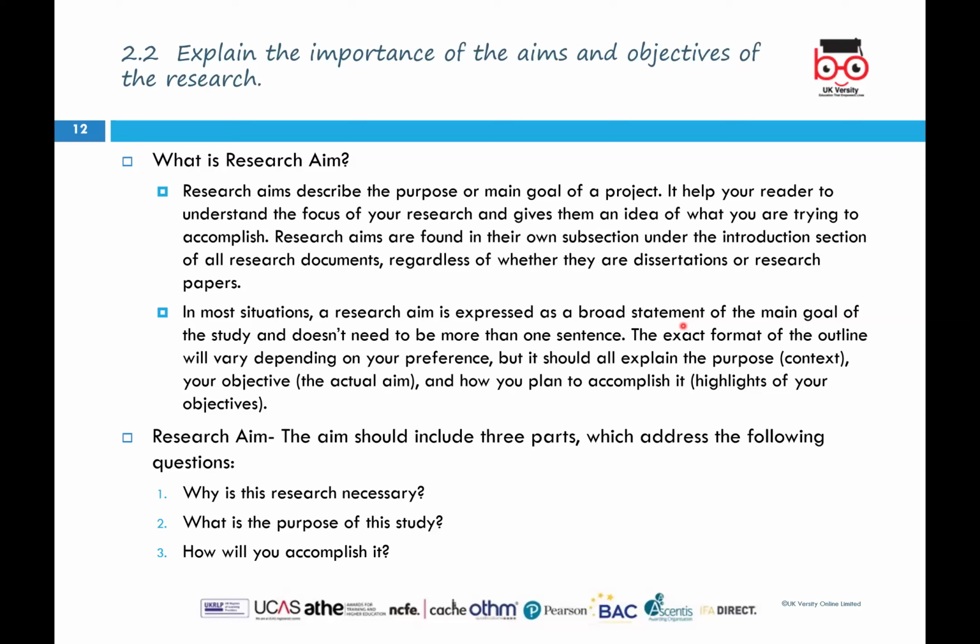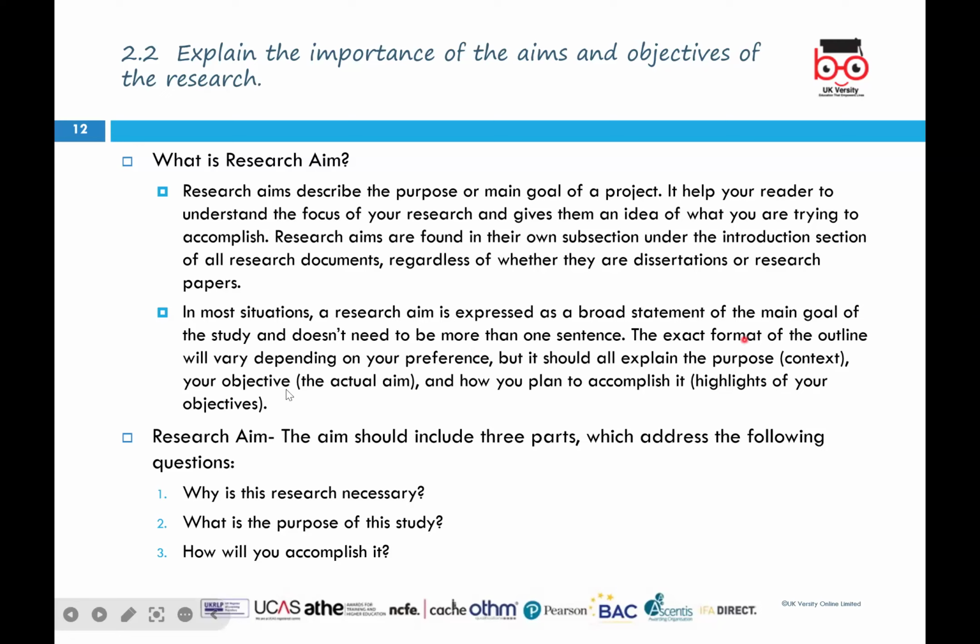And you see it under the introduction. Once your introduction is written, you then write your aims. An introduction is a brief background about your research, what you want, what you're interested in. Okay, in many situations, the research aim is expressed as a broad statement of the main goal of the study, and it doesn't need to be more than one sentence.